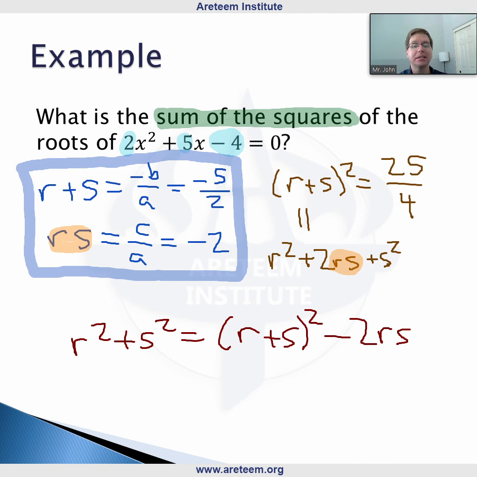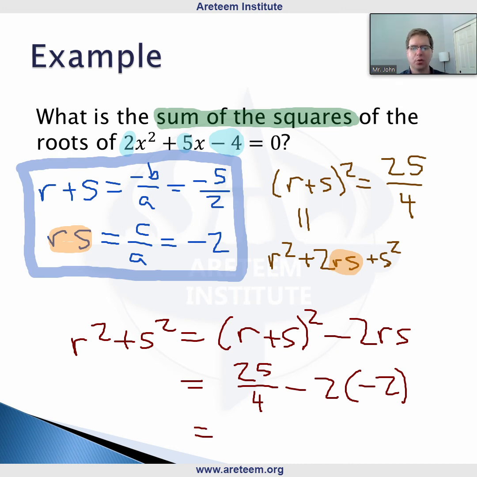So we have the quantity r plus s squared minus 2 times the product. So the sum of the squares is the sum squared. That is, we've already calculated 25 over 4. And then minus 2 times the product. So the product is negative 2. We had calculated that with Vieta's theorem as well.